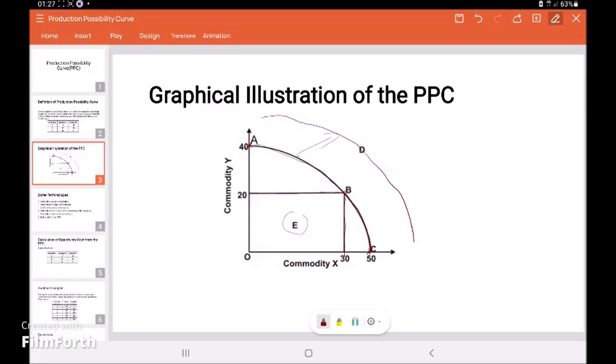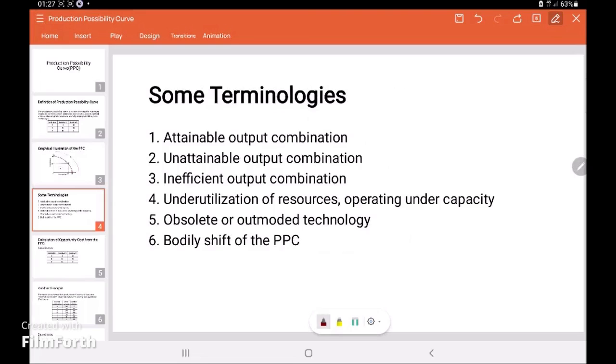So you see that we have used the production possibility curve to explain all these terminologies: attainable output combination, unattainable output combination, inefficient output combination, underutilization of resources or operating under capacity, obsolete or outmoded technology, and the bodily shift of the production possibility curve.